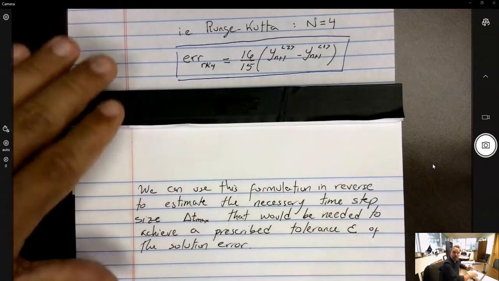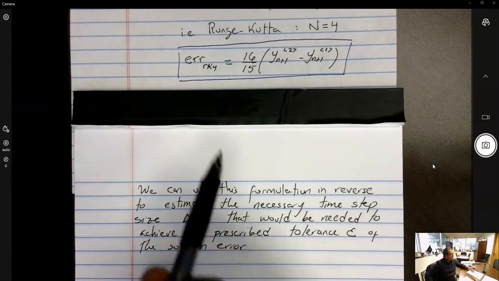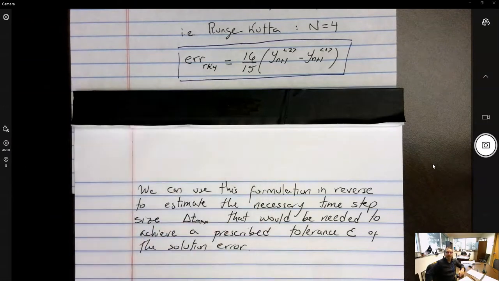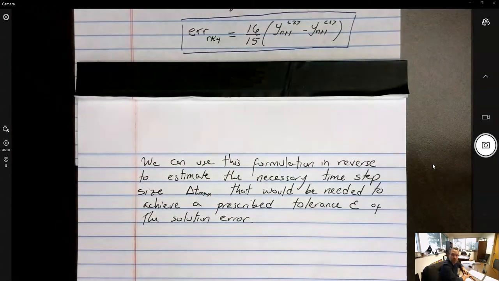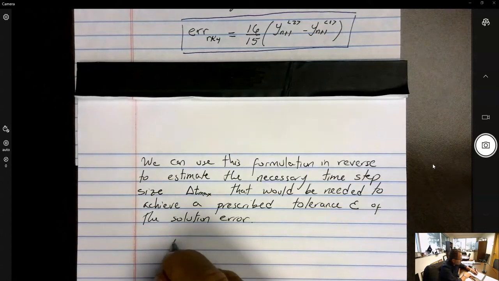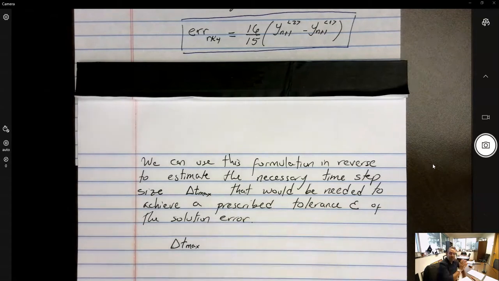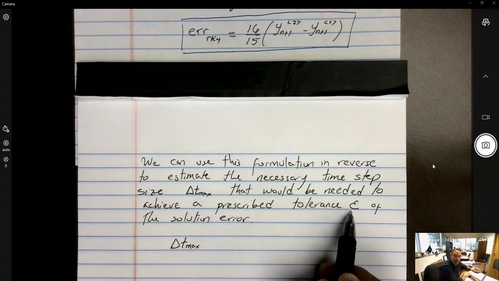So again, what we're going to say is that we're going to replace this error with epsilon, right? I'm going to say I can only afford to have an error of 10 to the minus 3, just an arbitrary number. And if that's the case, then I can work this in reverse to predict what is the delta t max, the maximum size of delta t that would be needed to achieve an error that is at most epsilon.